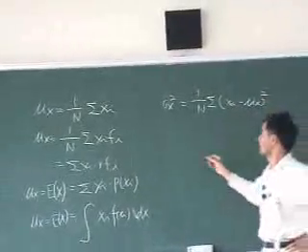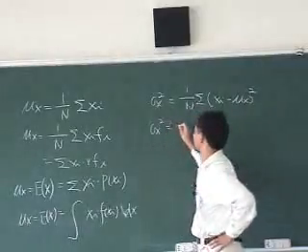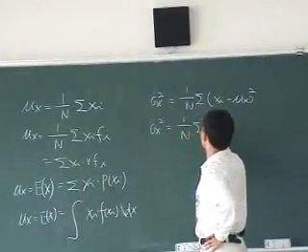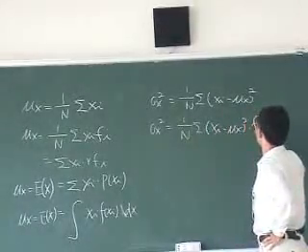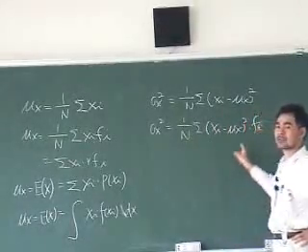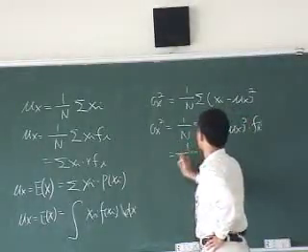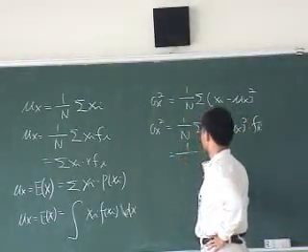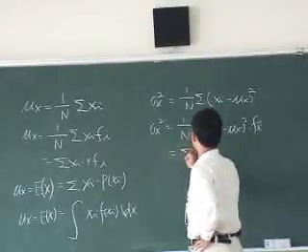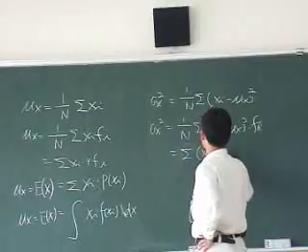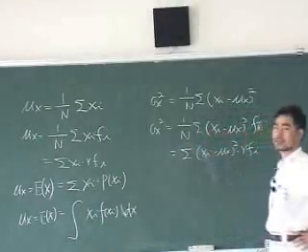The same thing for grouped data: 1 over n summation (xi minus mu x) squared times fi, where fi is the frequency. And this can also be summation (xi minus mu x) squared times the relative frequency.